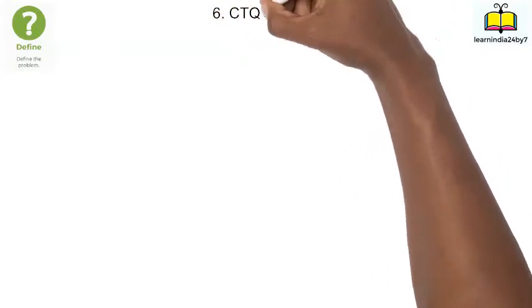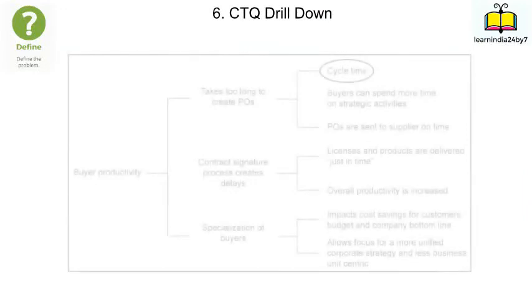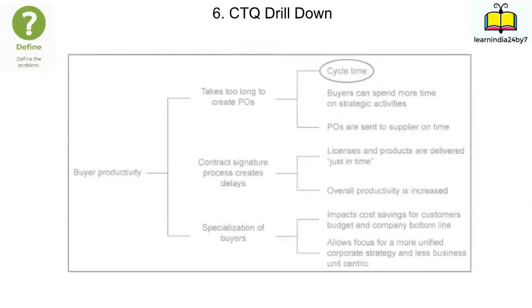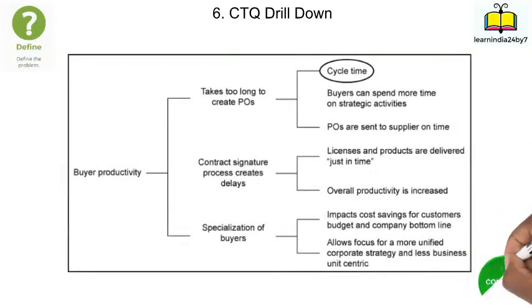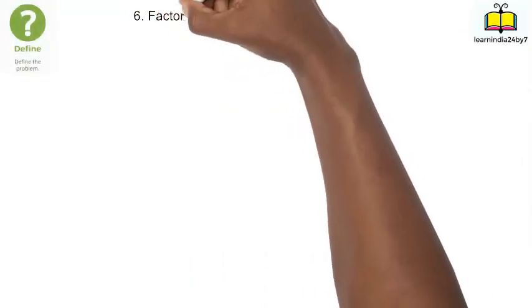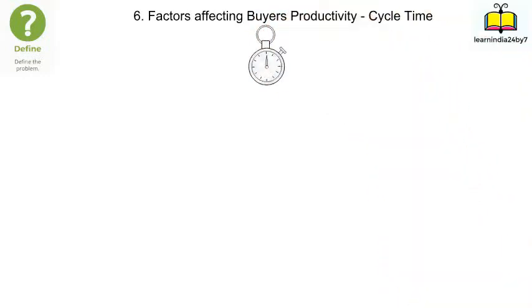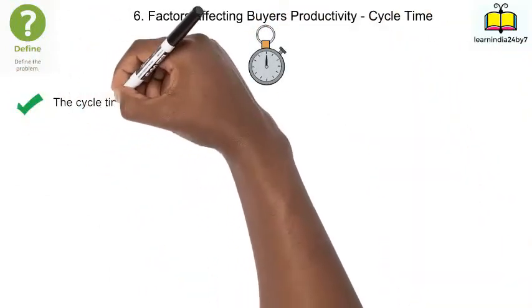Further to the project goal, the Six Sigma team developed a CTQ Drill Down diagram. The CTQ Drill Down diagram was analyzed to identify key impacting parameters.